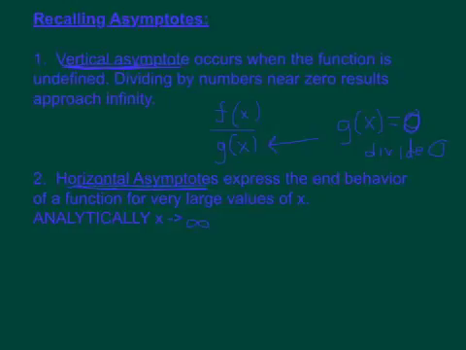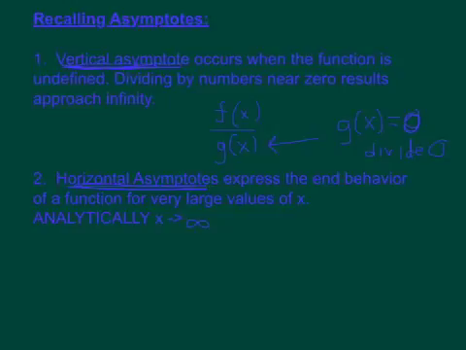Keep in mind not every function will have a horizontal asymptote, but if it does, we're expressing the end behavior of that function. We are looking at what happens to the outputs as the inputs, or x, become very large. Analytically, we're going to see what happens as x approaches infinity. Mind you, you cannot substitute infinity for x.